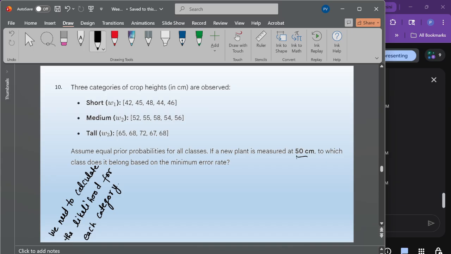For this, we need to calculate the mean and sample variance because different samples are given. That is represented by S square for each category.